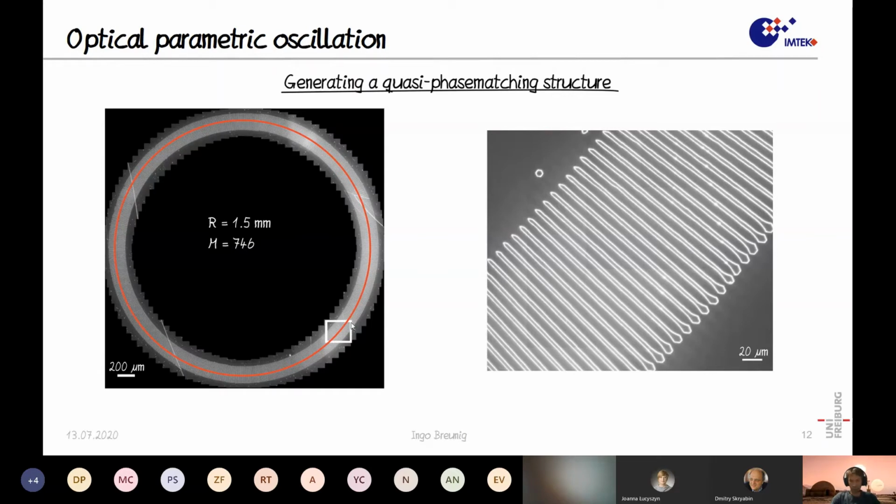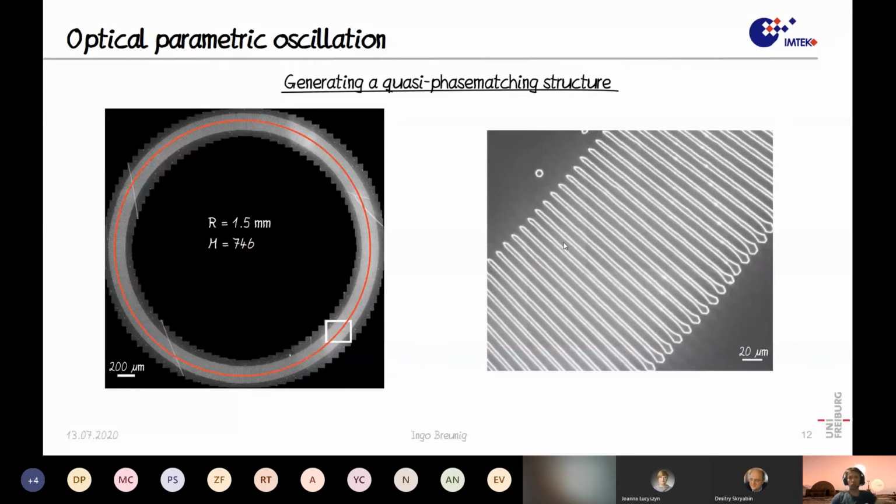Here you have a zoom of this region, and you can nicely see these parallel lines. This shows the flexibility: if you like, you can draw your name into the structure.